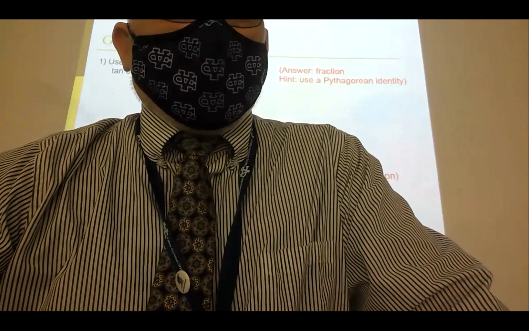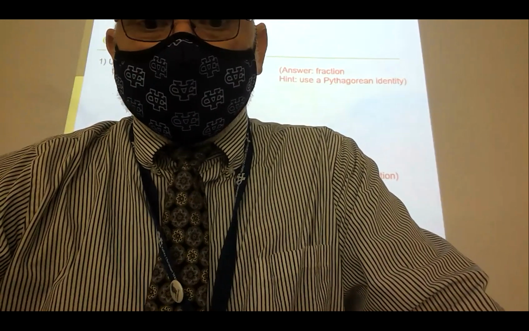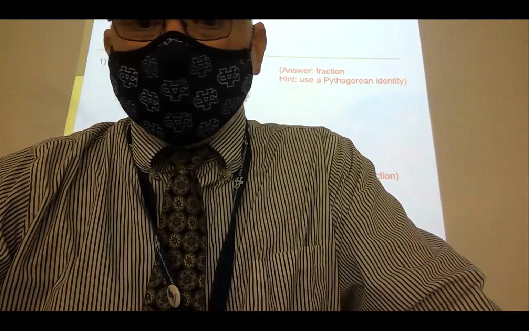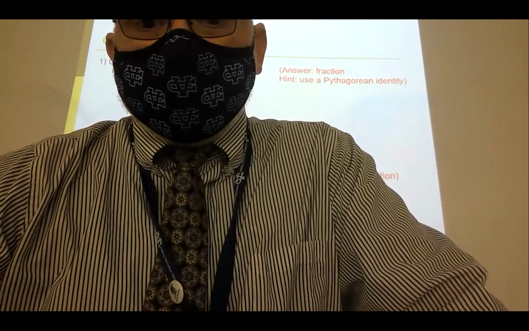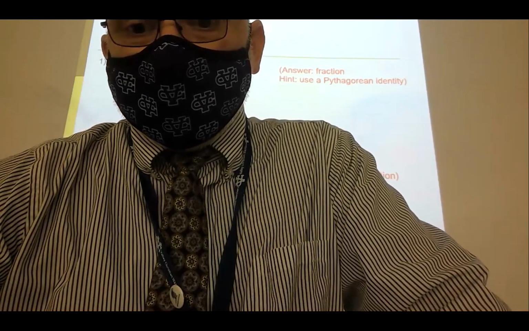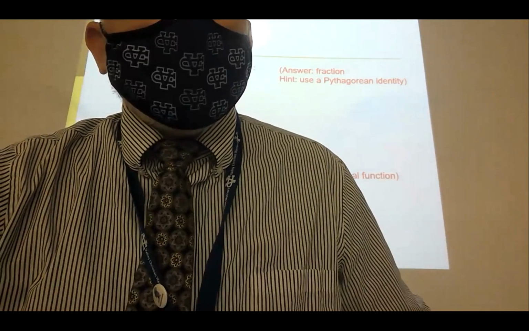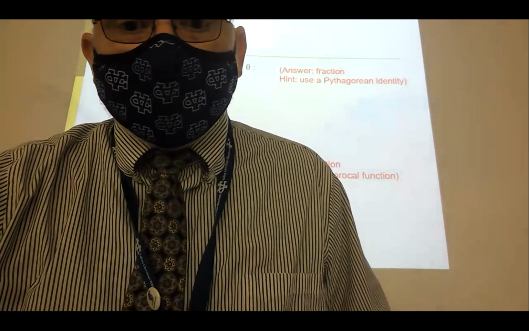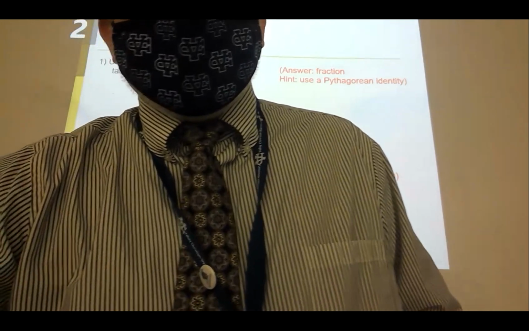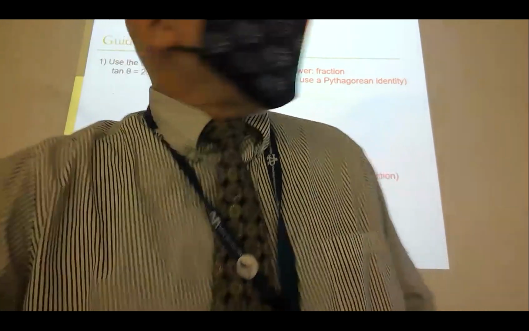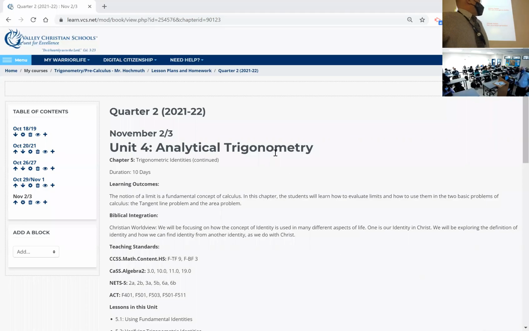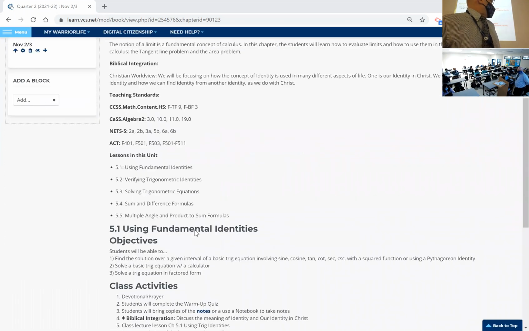All right, let's take a look at the guided practice here. Let me find it. I'll do that over here. So under unit 4, analytical trigonometry, we're in chapter 5.